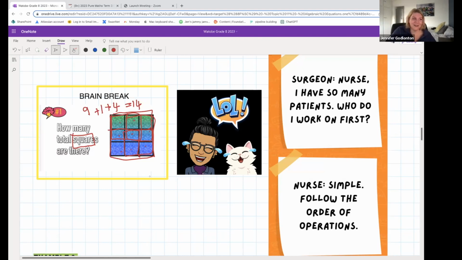Oh no, are we confused at the joke? The surgeon just doesn't know who to work on first, and so then the nurse is saying follow the order of the operations, but that's a maths term. Order of operations is like your plus, your minus, your times, divide. Too corny. Tatenda, I will pass it on to Teacher Sam. Yeah, it's just a maths joke.